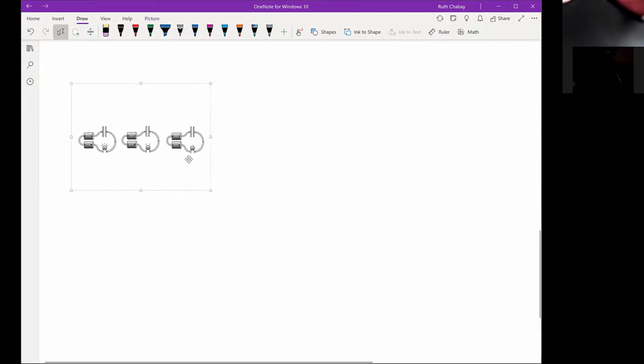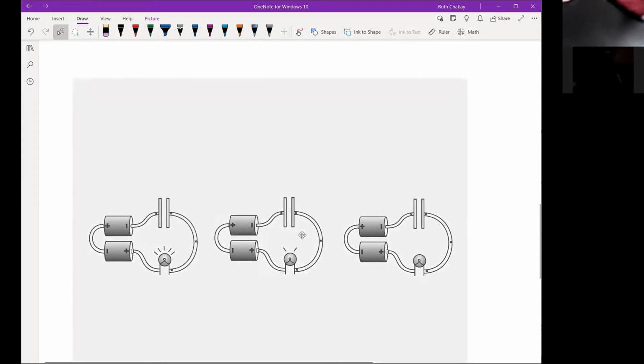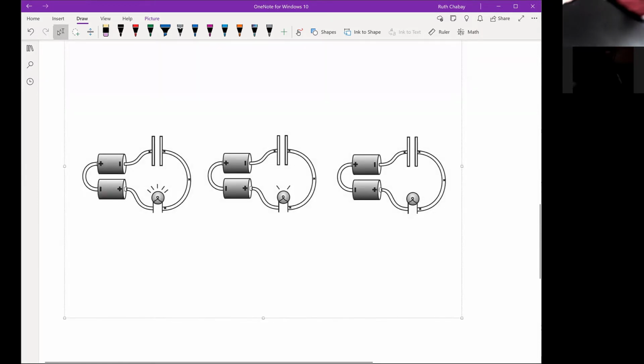So here basically is a diagram of this circuit now drawn not schematically, but sort of pictorially.